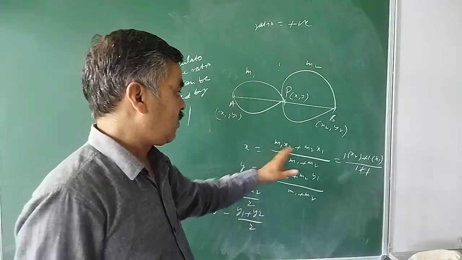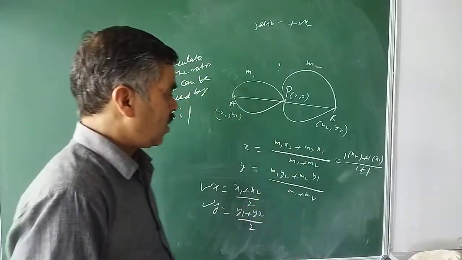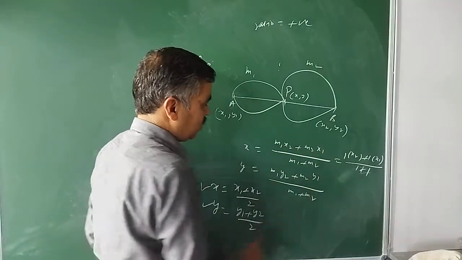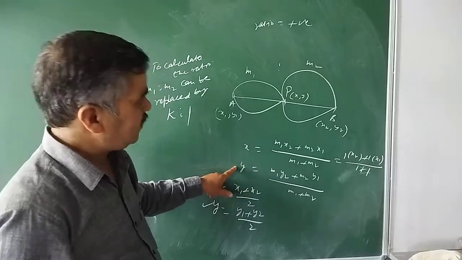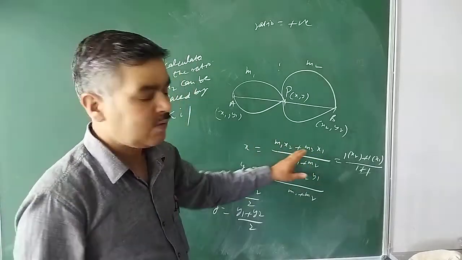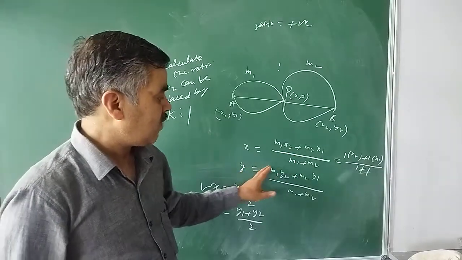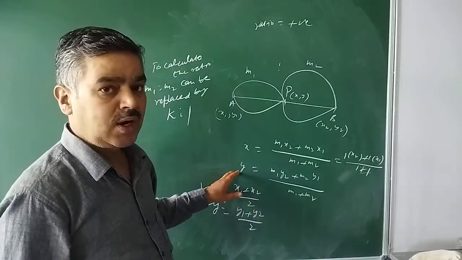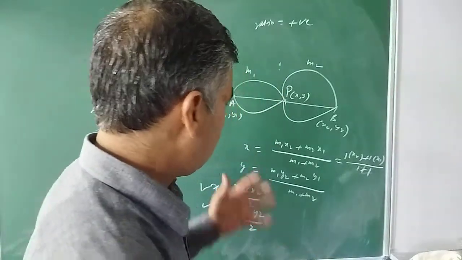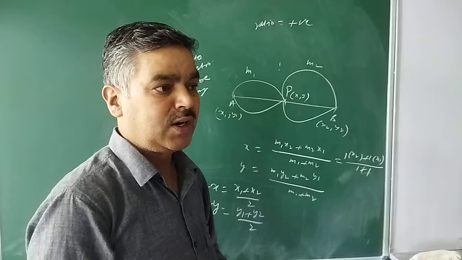I can calculate M1 and M2 from here also. How? When the coordinates x1, x2, y1, y2 are available and x and y are also there, I can write one equation in terms of M1 and M2 from this and one from this also. And by solving those equations simultaneously, definitely you will be able to calculate the value of M1 and M2.